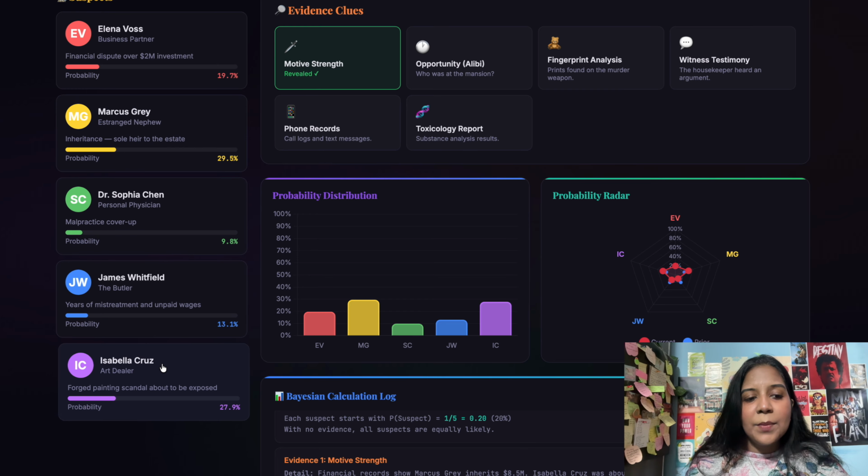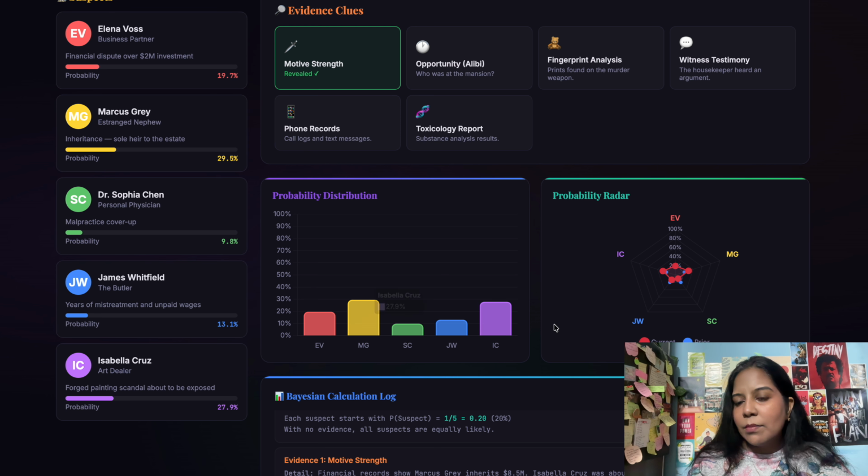And Isabella is a person who forged art, and he's an art collector. He loves art, so when she forged it, he would have found out. So they maybe had an argument, and she doesn't want him to take out the money or something. These are the primary motives, and they got a higher percentage compared to other people.